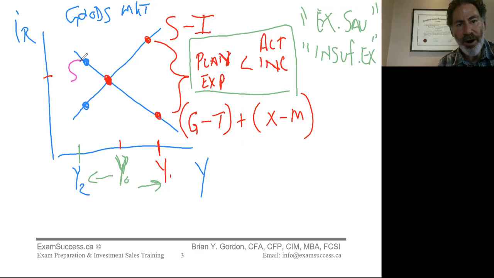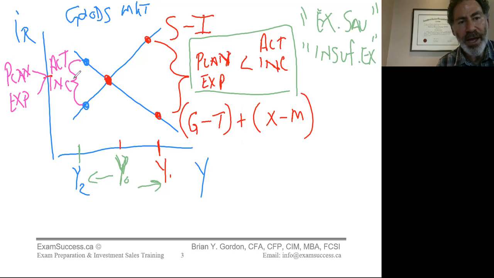So over here, what do we have? We have the planned expenditures greater than the actual income. We have deficient or insufficient savings, or we have an excess of expenditures.